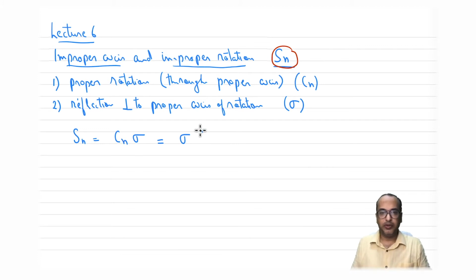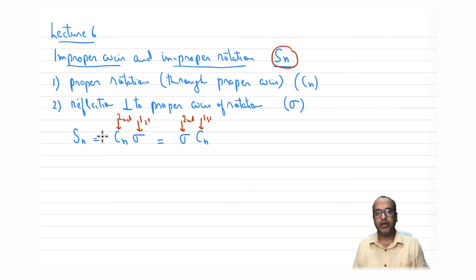So you can apply Cn first and sigma second, or you can apply sigma as the first operation and Cn as the second operation. Let us see with an example how this improper axis can be understood.